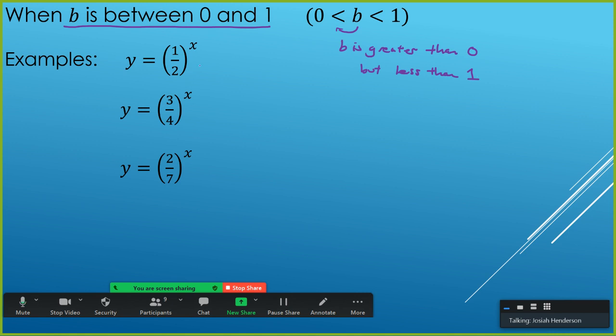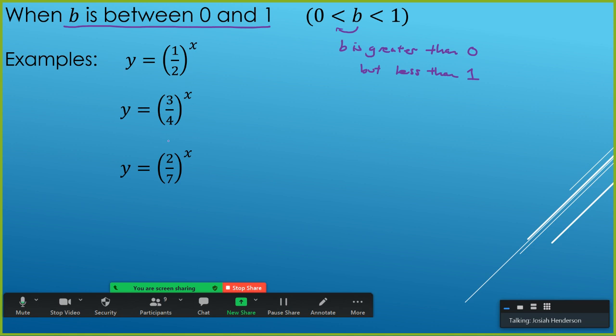And here's a few examples of what those will look like. Instead of 2 to the x power, I've got 1 over 2 to the x, or 3 over 4 to the x, or 2 over 7 to the x. These are just 3 examples. There's an infinite number of different fractions that we could come up with.